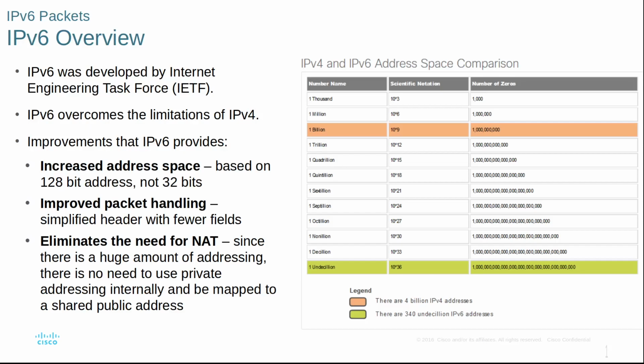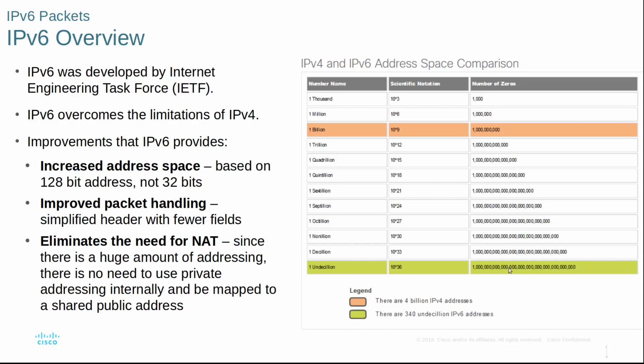Some of those being, we've got a lot more space. IPv4 addresses are a 32-bit address space. That gives us about 4 billion IP addresses. IPv6, however, has 340 undecillion addresses. If you look at 1 billion, that's 9 zeros.